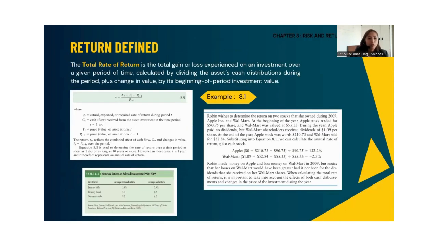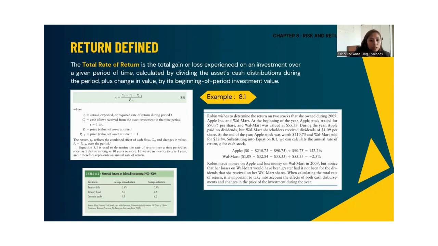Let's now define return. Return is the total gain or loss experienced on an investment over a given period of time. So we have here the formula for the total rate of return.